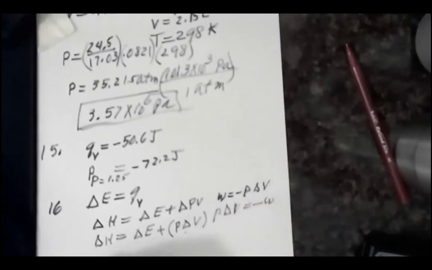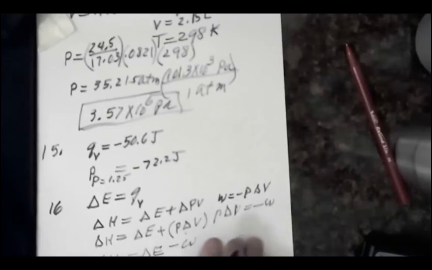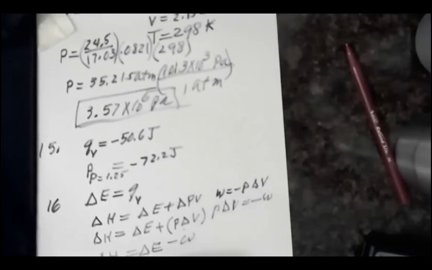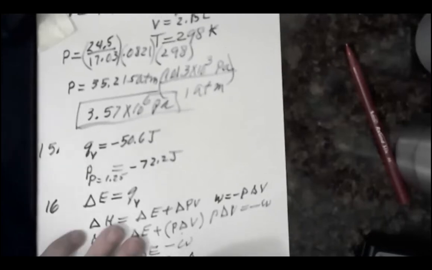So this is minus the work. So delta H is equal to delta E minus the work. And we want to calculate work. Work then is going to be equal to delta E minus delta H.